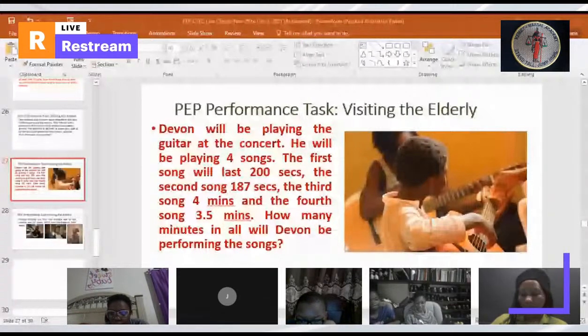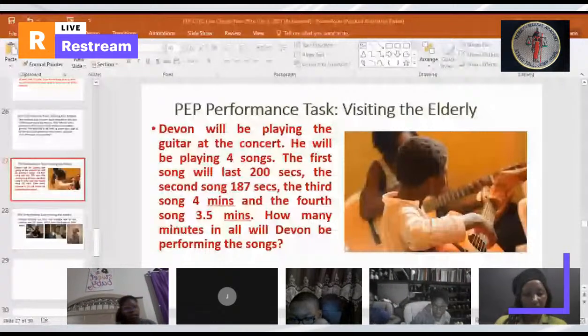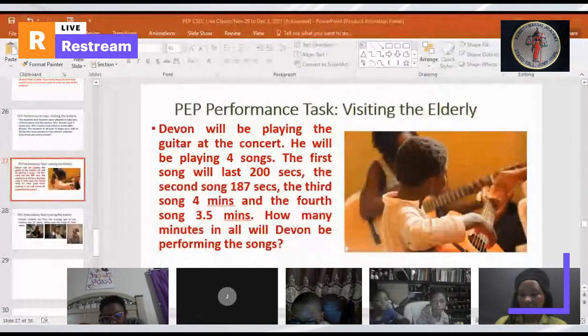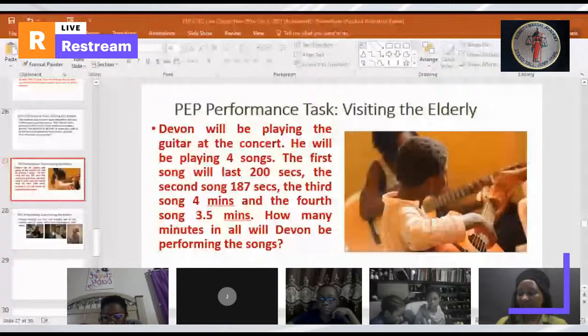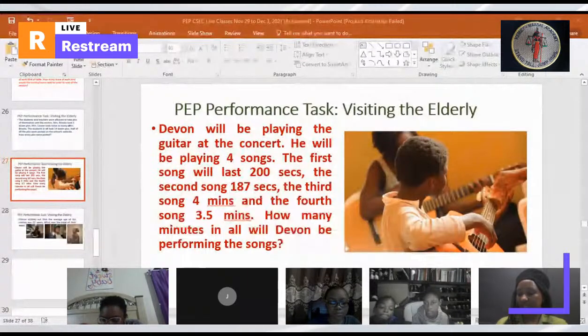Miss, I sent my working out. Madison, what did you get? 57 as well? Yes, Miss, I sent my working out to the chat. 60 into 837, that's one time, remainder 237, and 60 into that goes 3 times.